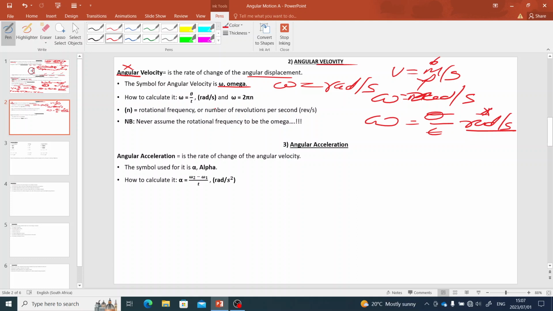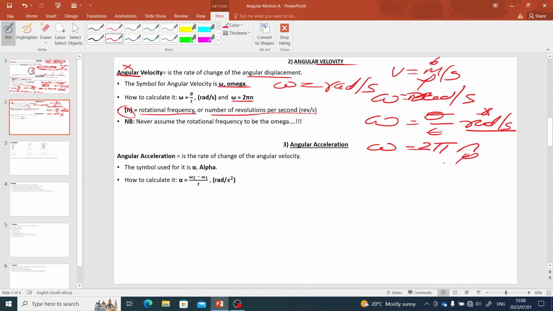Another formula that we will be using to calculate angular velocity is this one: omega equals 2 pi n. This n is now n for rotational frequency, the number of revolutions per second.